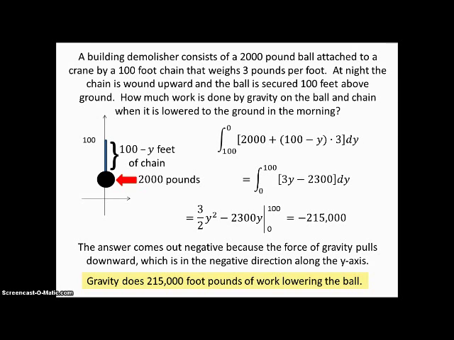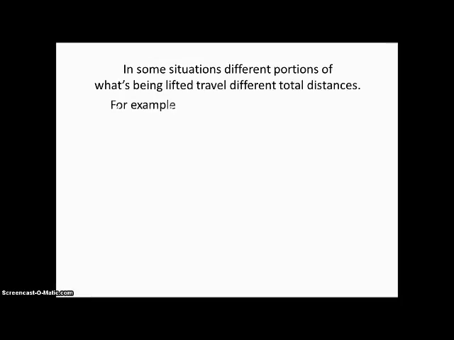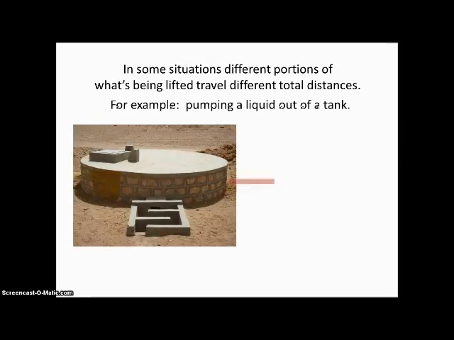All right, so we've seen examples where the weight or the force varies. Now we're going to look at an example where the distances vary. In some situations, different portions of what's being lifted travel different total distances. For example, pumping a liquid out of a tank.